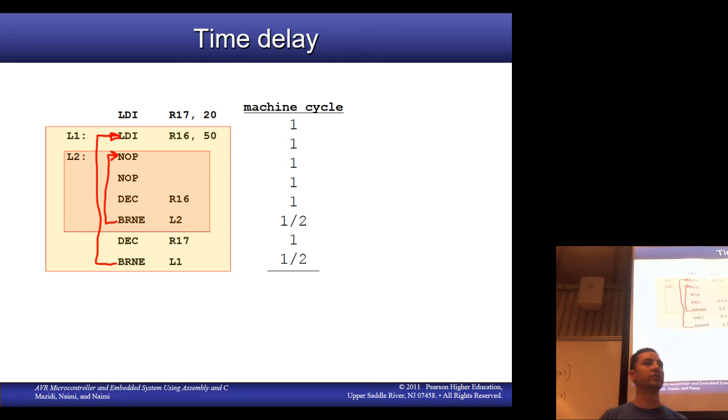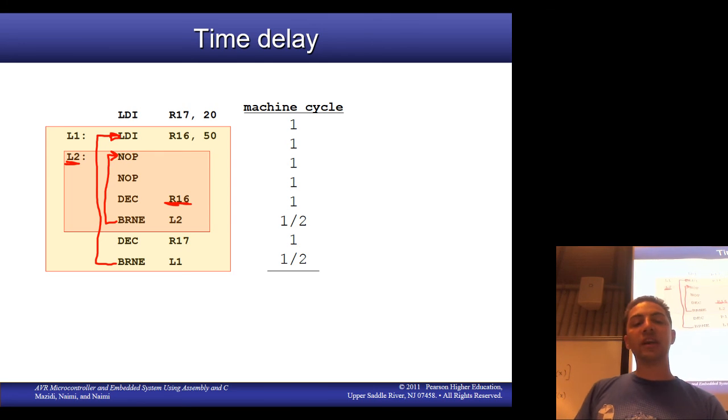The analysis for this one gets a little bit more complicated. We always start with the innermost loop doing our analysis. So L2, how many times is L2 going to run? What is the counter variable for loop 2? I meant what register? It's R16, right? You know that because it's in the update.